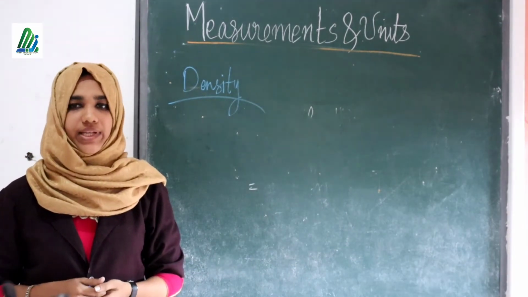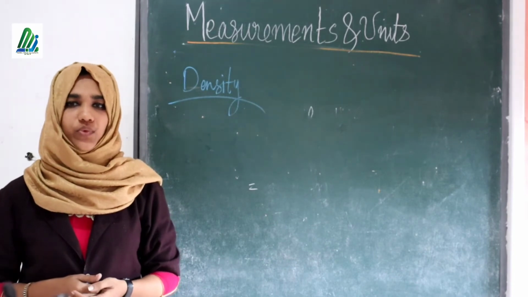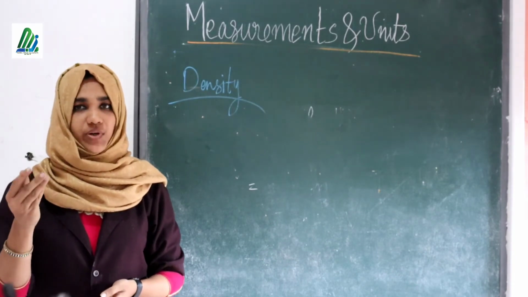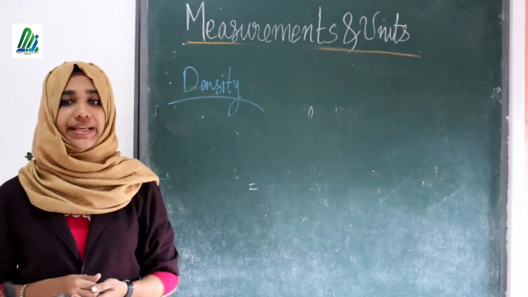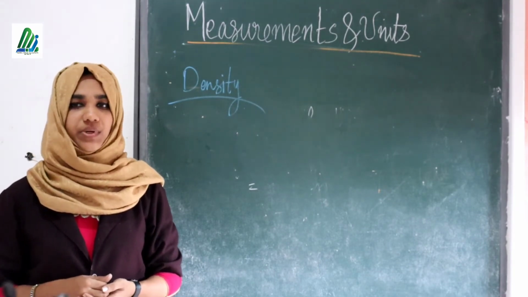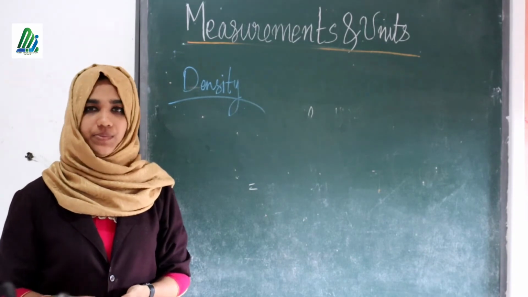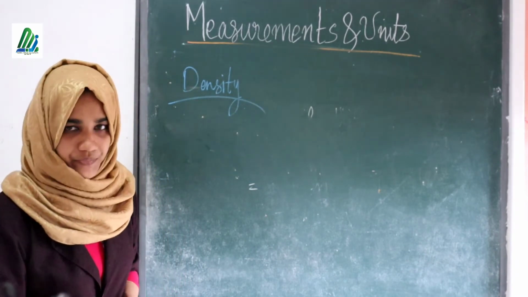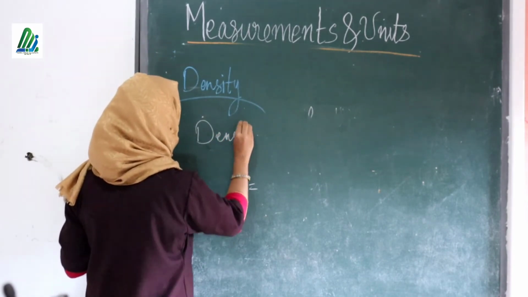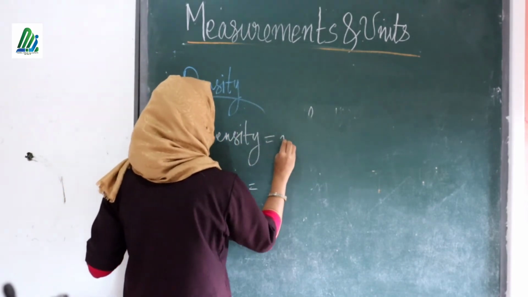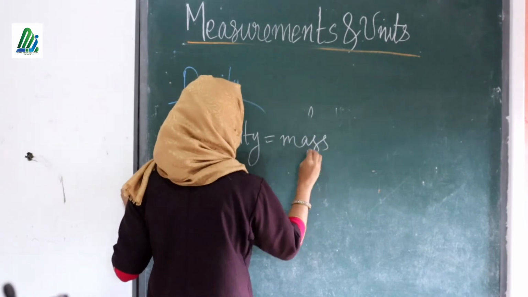Density can be calculated by mass per unit volume of a substance. By definition, density is mass per unit volume of a substance. So we can write density is equal to mass per volume.